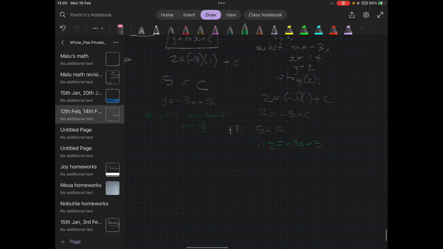Right, so now we've got the straight line equation, and our x-intercept is at y equals 0, correct? Yes. So at y equals 0, we have -3x plus 5, then we add 3x on both sides, so that 3x equals 5, and we divide by 3 on both sides, so that x equals 5 over 3.